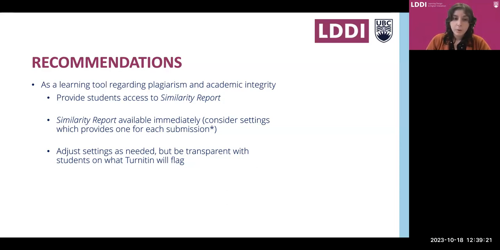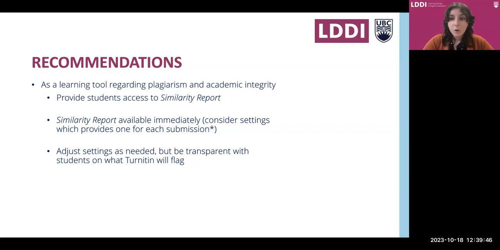The other thing, as we mentioned, with students feeling nervous about the percentage they might get, is to be really transparent with them on what Turnitin will flag. Obviously, if we're aiming for this educative approach, we want to encourage students to look at the similarity report, but there are always going to be students who just look at the number.